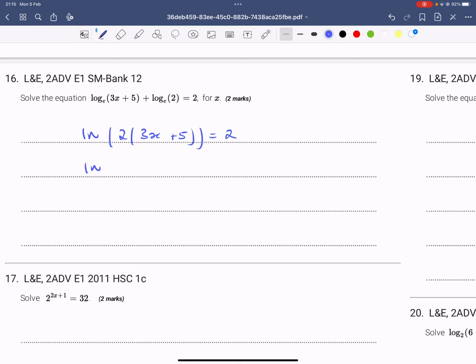So this is ln of 6x plus 5 is equal to 2. The way we solve these is by raising both sides to the e. So e to the power of ln of 6x plus 5 is equal to e squared.